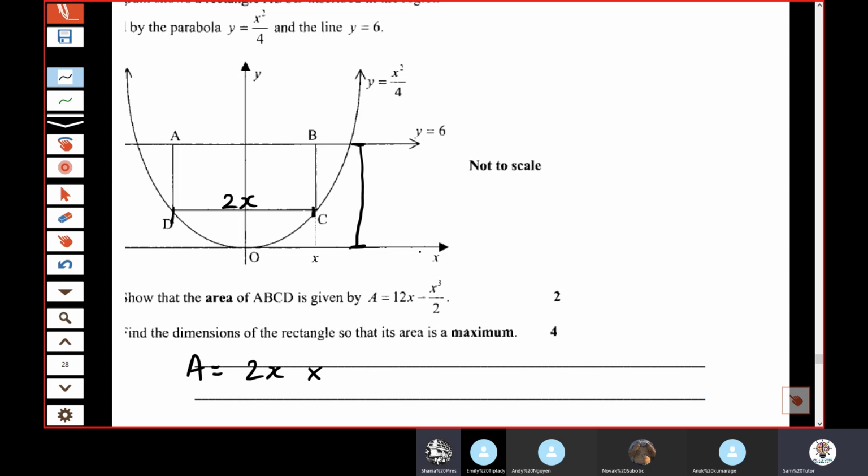That whole length? It's 6. Very simple. Isn't y equal to 6 here? Exactly. That's 6 right there. y equals 6. And then we want to find this length now. That's meant to be the harder one.